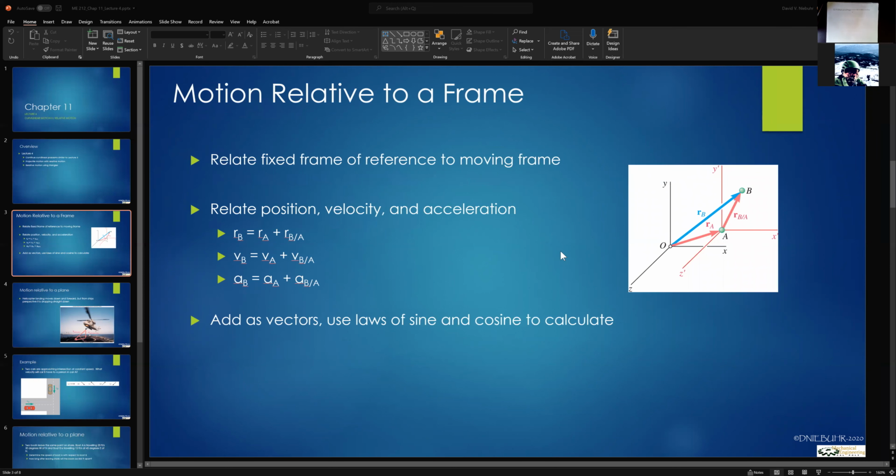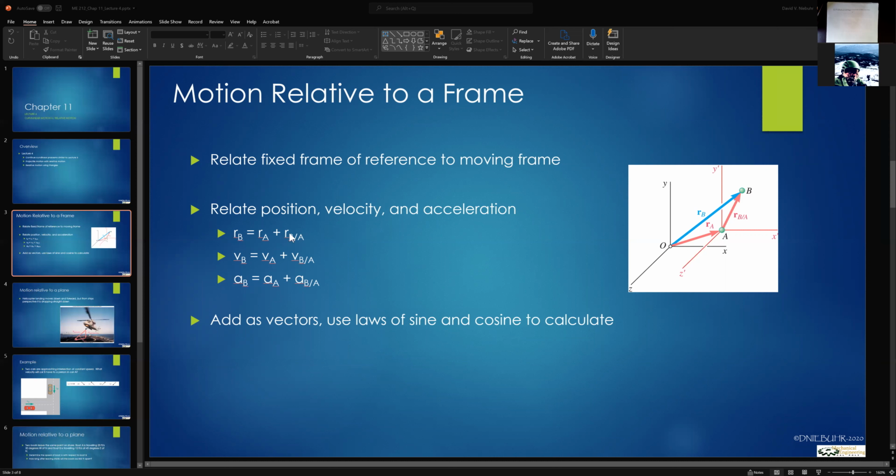Now, remember that when we're dealing with relative motion, we always set up the equation like this: r_B equals r_A plus r_B relative to A. An easy way to remember this is that the B and the A go B then A on the other side of the equation.